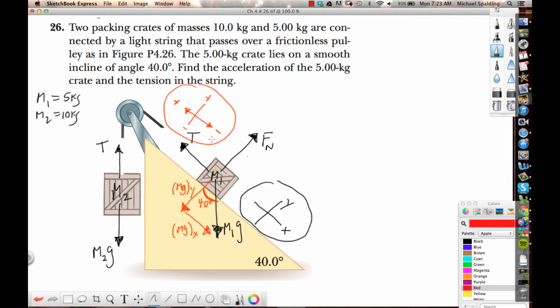Now, what happens to that sign convention as we go around the pulley? The sign convention wraps the pulley. So over here, what's our sign convention for M2 going to be? Down is positive, up is negative. This sign convention, the one I'm circling, wraps the pulley.